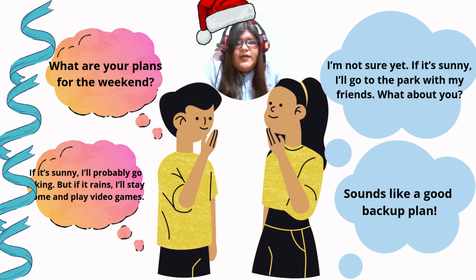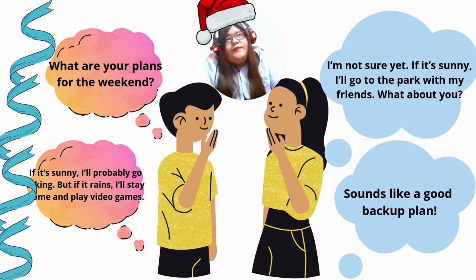If you see here, we have will, but instead of will, we use the contracted form of the future. I'll go to the park with my friends. What about you? And here we have the other first conditional sentence. If it's sunny, I'll, with the contracted will form. And if you don't know what I'm talking about right now, I recommend you watch my video about the usage of will for you to understand the contracted forms and so on.